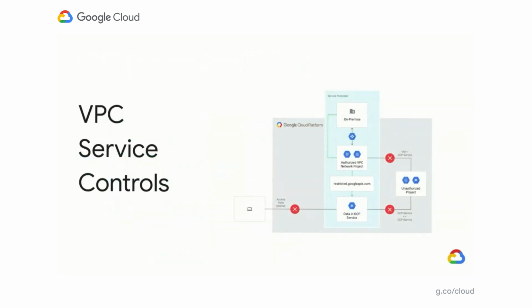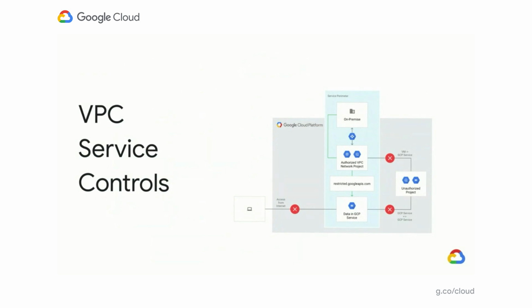I mentioned earlier Google Cloud's global VPCs. We've introduced in Cloud SQL support for VPC service controls. These generally in GCP allow you to define very fine-grained perimeter controls across numerous Google Cloud services, of course, including Cloud SQL. For Cloud SQL, this pairs very well with VPCs or private IP addresses.